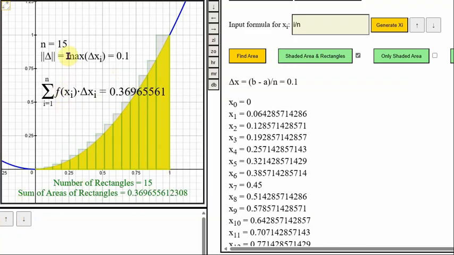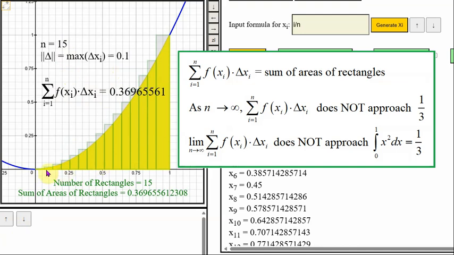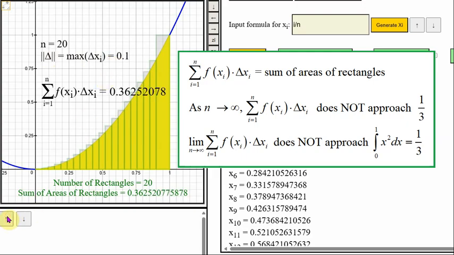And here I have 15 rectangles, and the first 14 all have the same width except for the last one, whose width is 0.1. The largest width, denoted by this symbol right here, is called the norm of the partition, and it is 0.1. And here I have 20 rectangles, and the norm, or the largest subinterval width, is still 0.1.